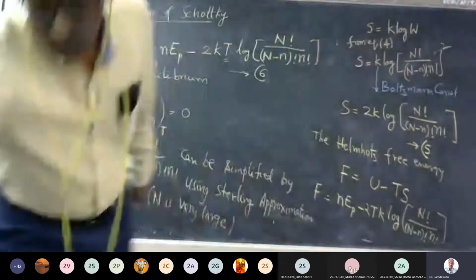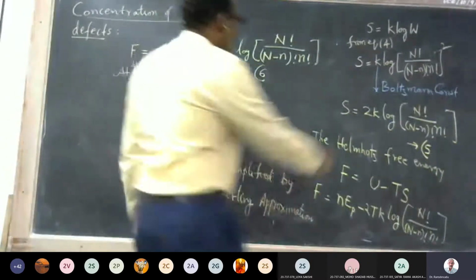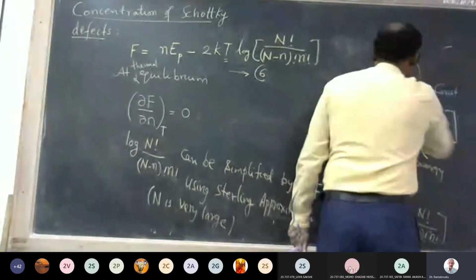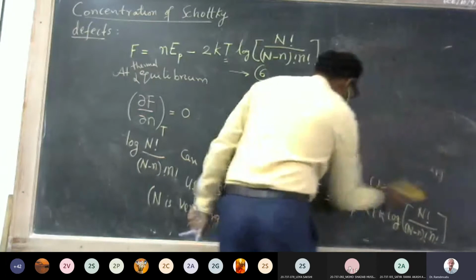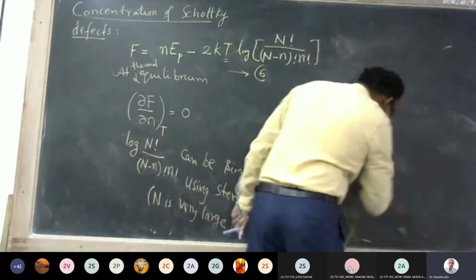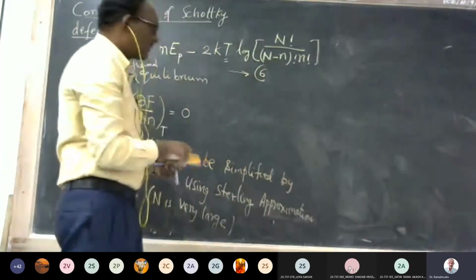And I just conclude here by giving the definition of the Stirling approximation, and I ask you to solve this at home. Okay?